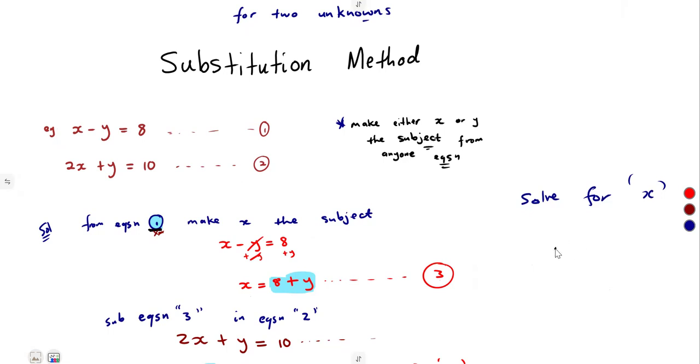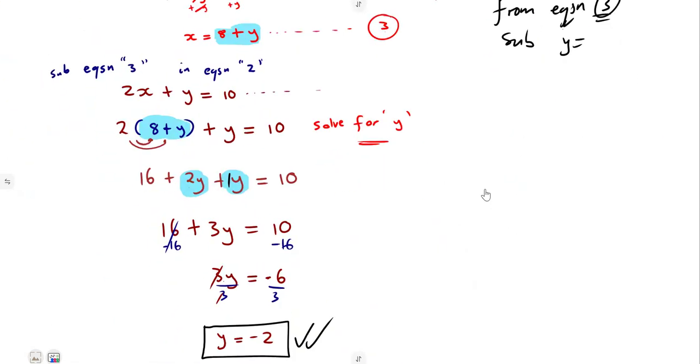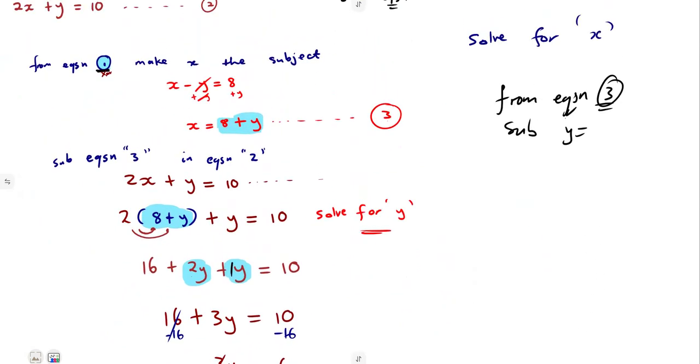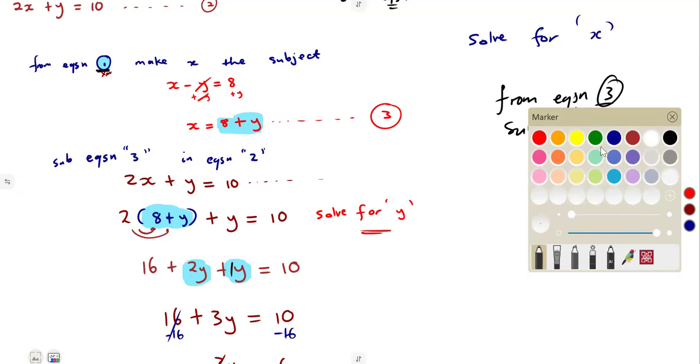So in this case, I'm going to use equation 3. I'm going to substitute y is equal to -2. This is our equation 3 where x is already the subject of the formula.